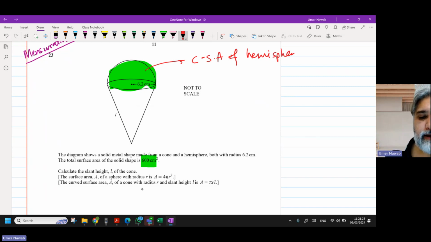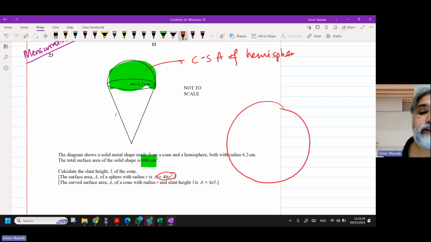You remember the curved surface area of a sphere will be given by the examiner to you, which is 4 pi r squared. But I need to take half of that. So what is half of 4 pi r squared? That is 2 pi r squared. So 2 pi r squared is this one.